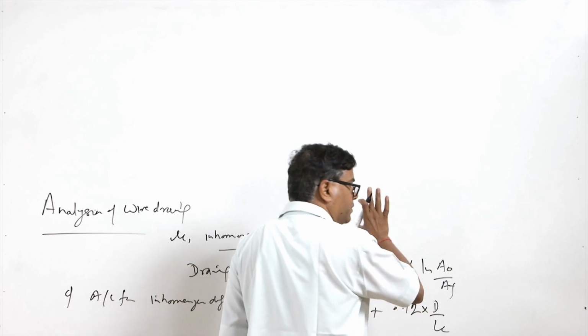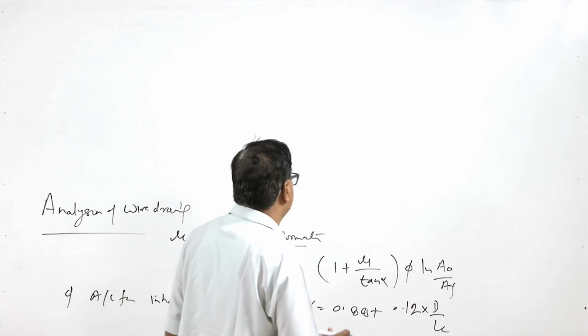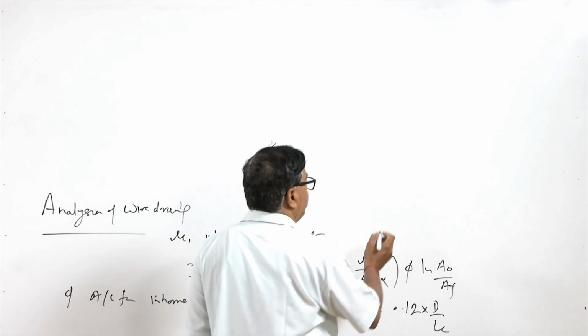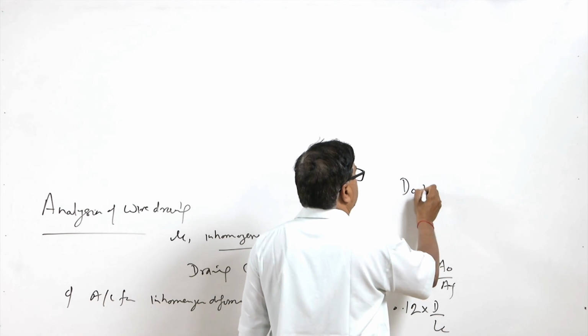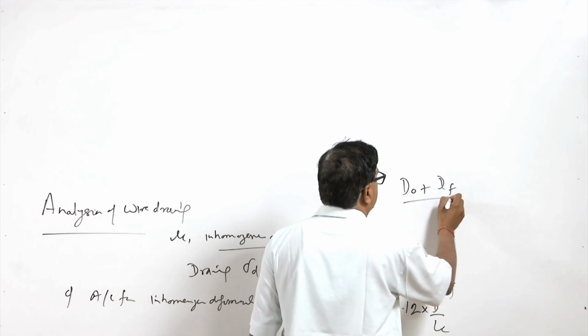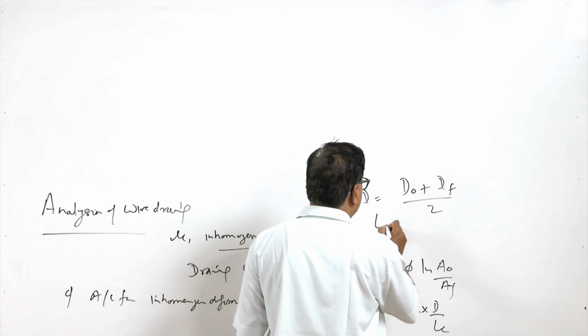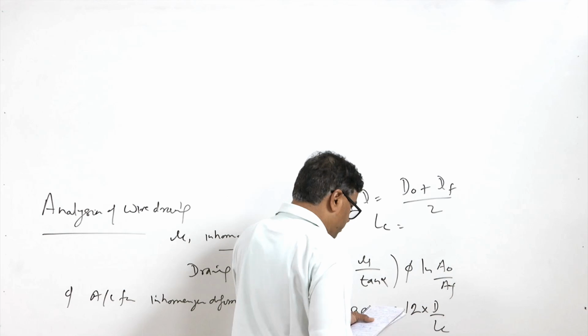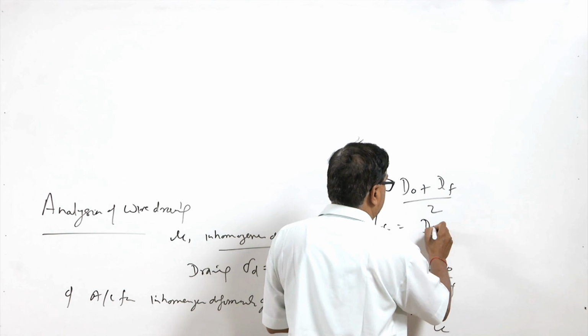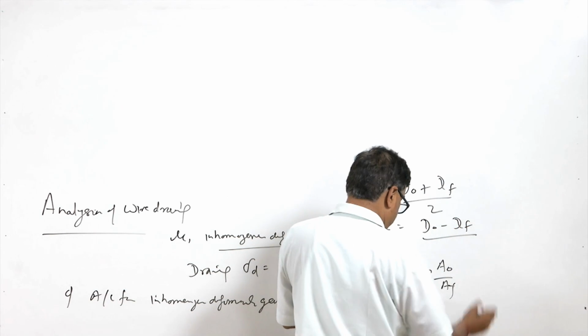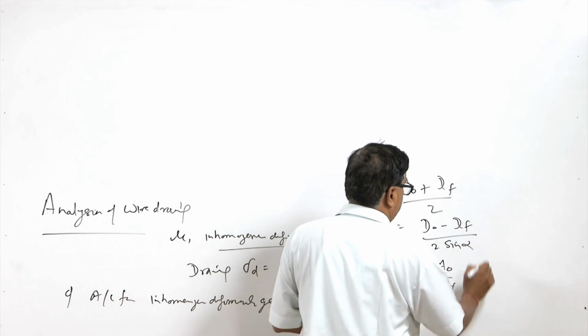So, the average diameter of the wire which is drawn, d naught plus df divided by 2, is used for calculating the average diameter, and the length of the contact is obtained using the relation d naught minus df divided by twice the sine alpha.